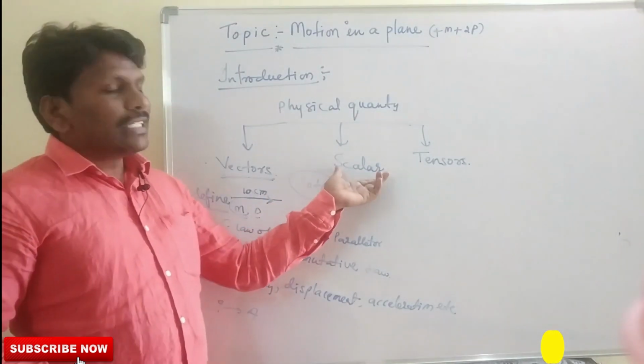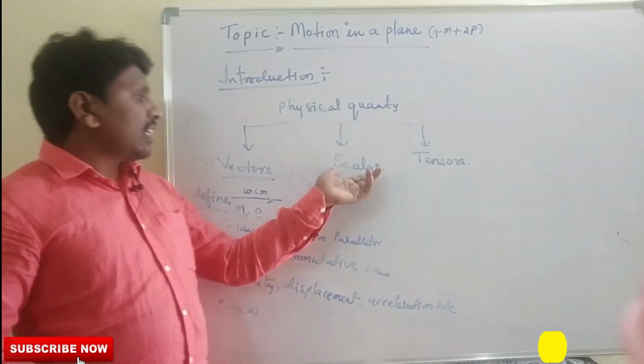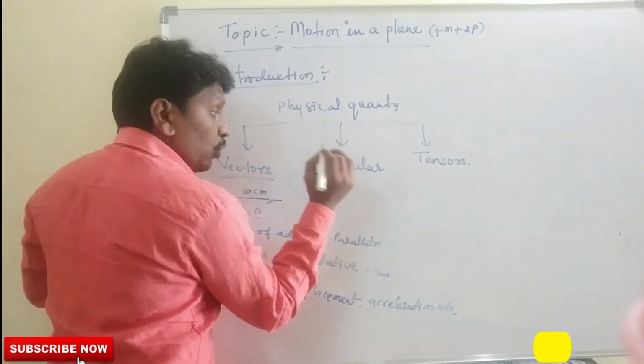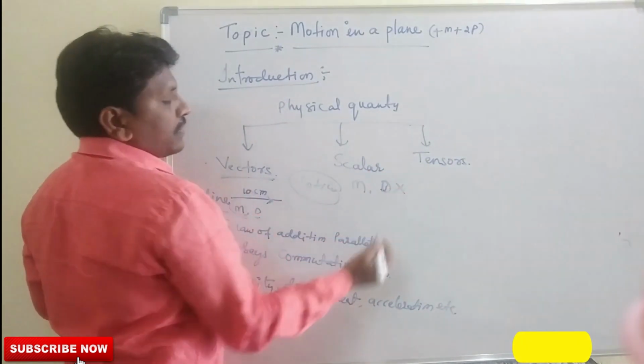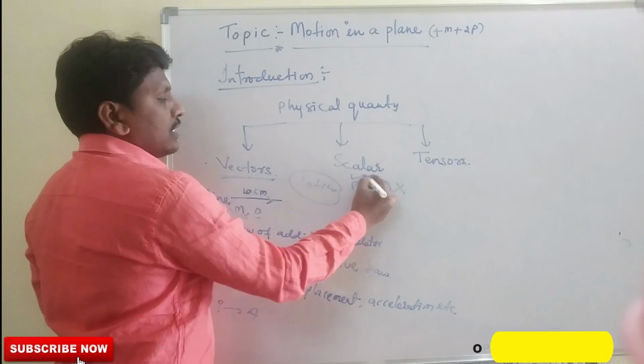Now what is meant by scalars? Let's see. A scalar is a physical quantity which has only magnitude but not direction. Direction is absent, only magnitude is present.